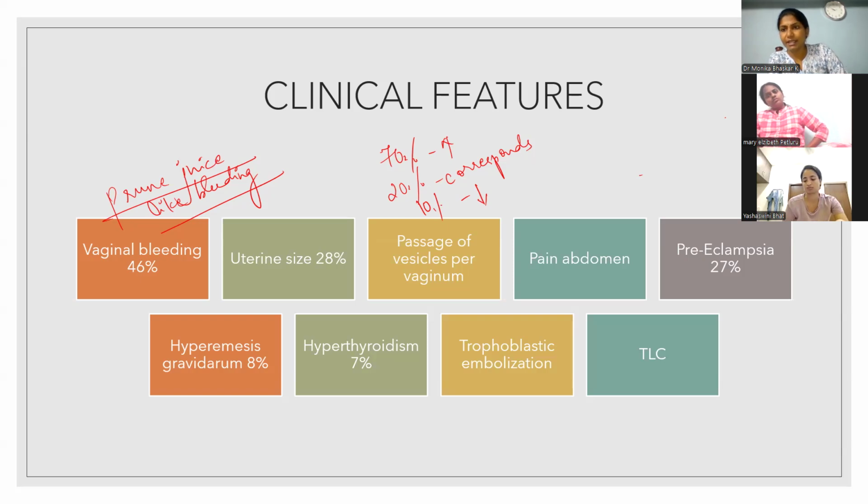There might be preeclampsia features also; around 27% of women with complete mole might have coexisting preeclampsia. Also, because of the increased beta HCG, there will be hyperemesis gravidarum. All of you know that beta HCG stimulates the chemoreceptor trigger zone in the brain, causing excessive vomiting in pregnancy.